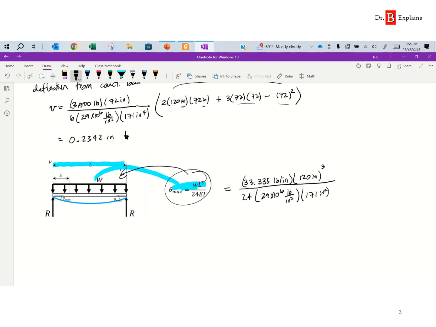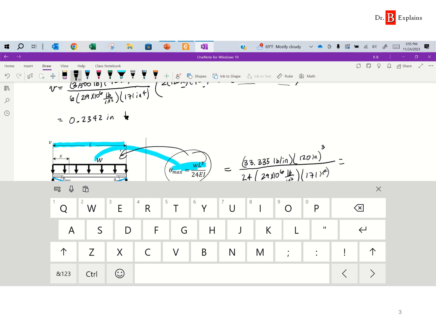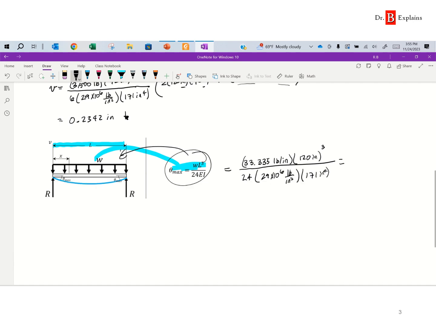All right, so if we put all of this in the calculator, what we get is 4.8396 times 10 to the minus 4. And if you check the units for this equation, you're going to see that it's unitless, which means that that angle is in radians.